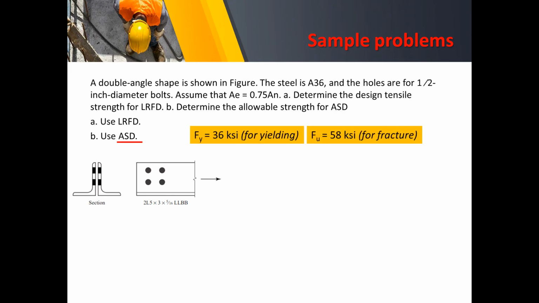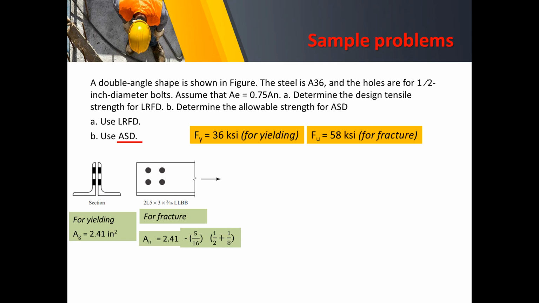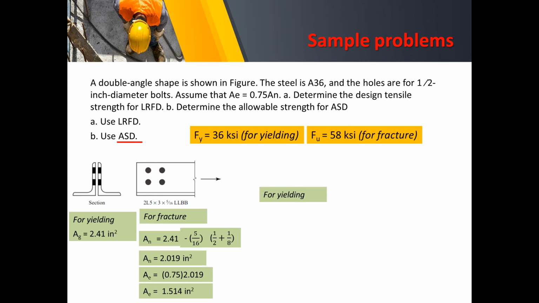Now for ASD, we have the same pattern of solution. First, we need to compute for the AG and then An, and then the effective area, which is 75% of your net area calculated. Now for yielding, that's the same.